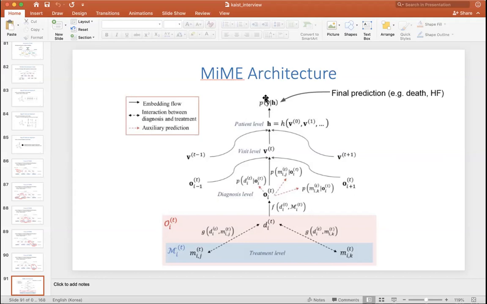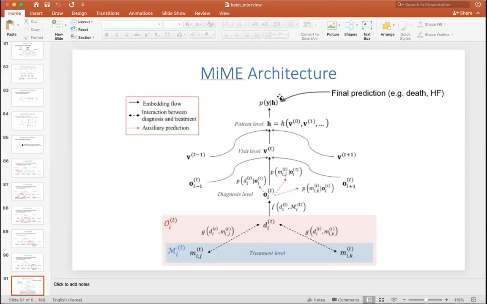Those are typical chronic diseases that develop over years. Given several years of outpatient records, we want to predict whether a patient will develop a chronic disease within the next year, next month, or next 6 months, some given time frame. So Y is the label, and H is the patient embedding.